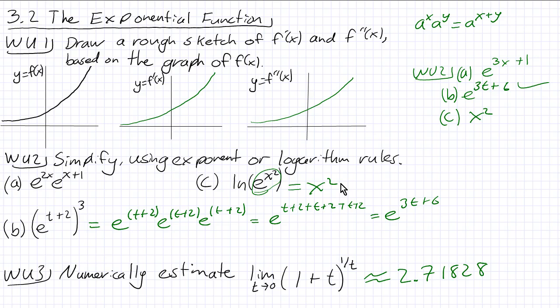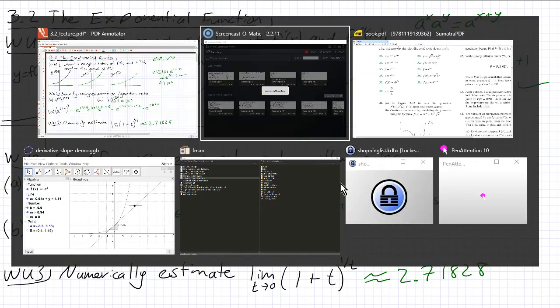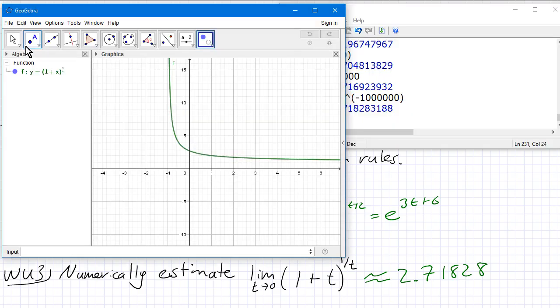And then for warm-up number 3, let's see. Okay, to estimate this limit, there's a couple ways you could do it. This first way I did is just I graphed it in GeoGebra. You could also use your graphing calculator or Desmos or something to graph this. So the graph looks kind of like this, which is y equals 1 plus x to the power 1 over x there.